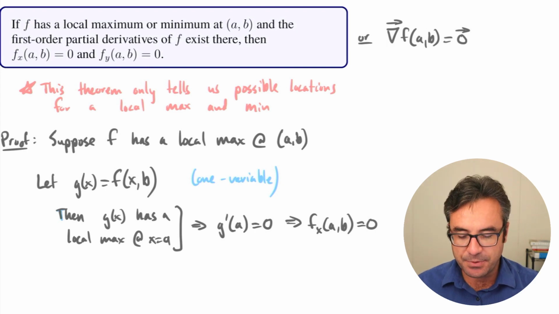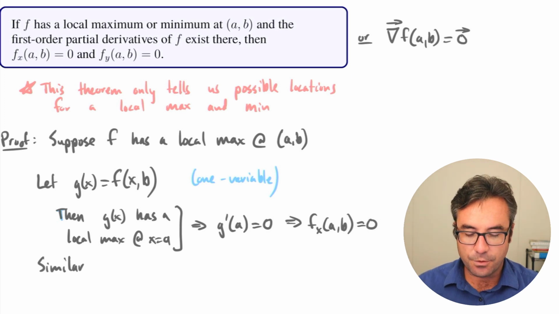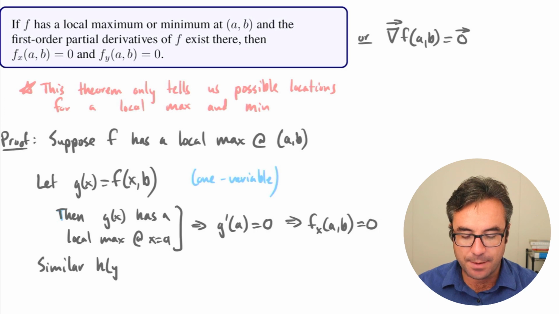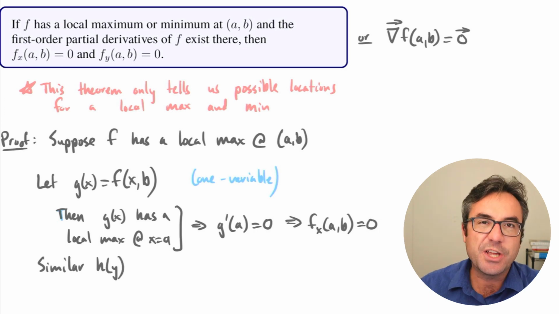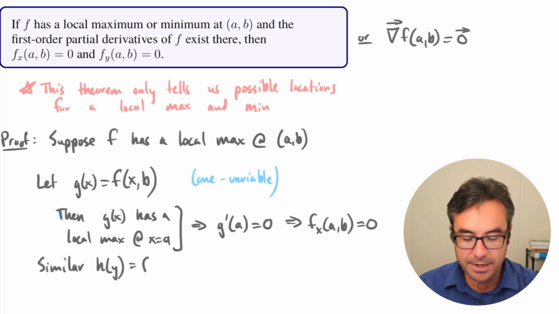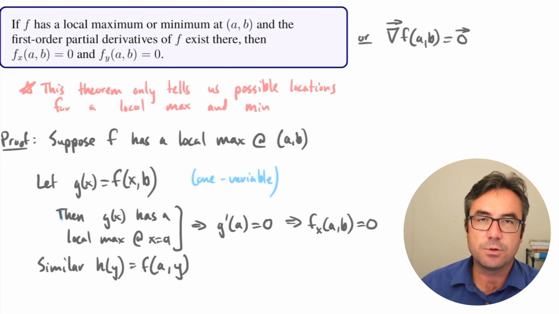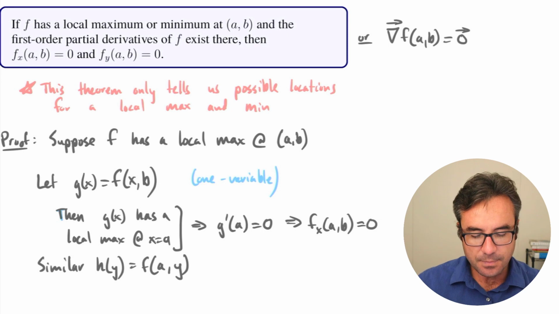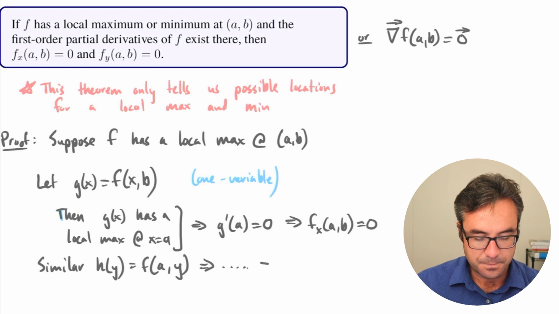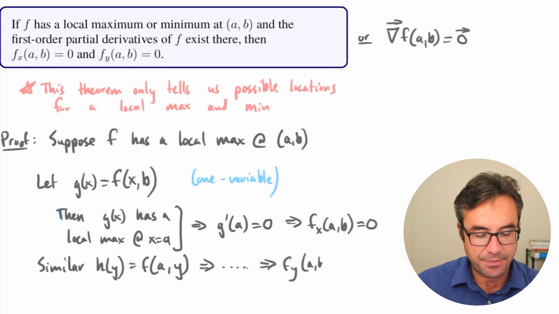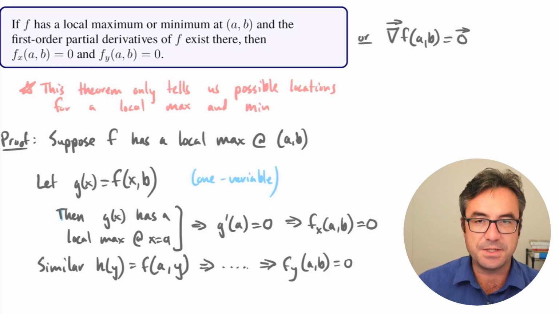And then you could do something similar for the y direction. For the y direction, you would cook up a new function. We'll call it h of y. This one we're going to keep x fixed, and we'll let y change. We won't go through all of it, but with similar reasoning in the middle steps, this would show that the y partial derivative would be 0 there.